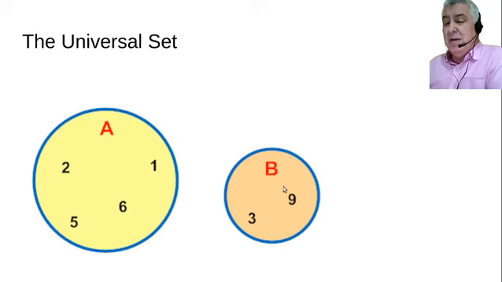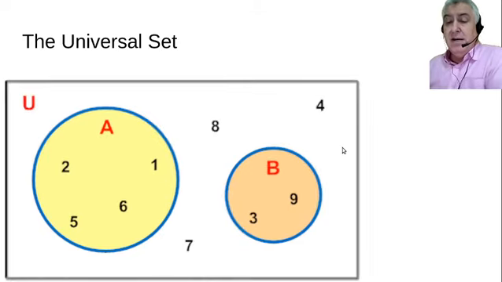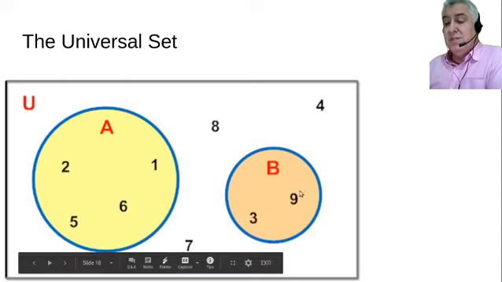So what can we say about them? We can't say a lot about them unless we imagine that there's some larger set that they are both part of. Here, I've imagined that they are part of some larger set, which is the natural numbers from 1 to 9. So from 1 to 9, we have 1, 2, 3, 4, 5, 6, 7, 8, 9.